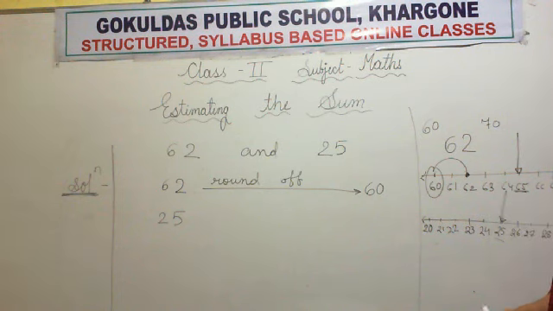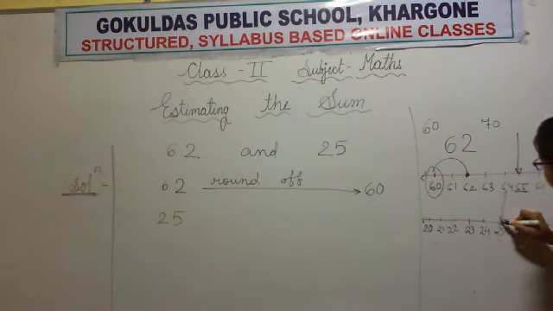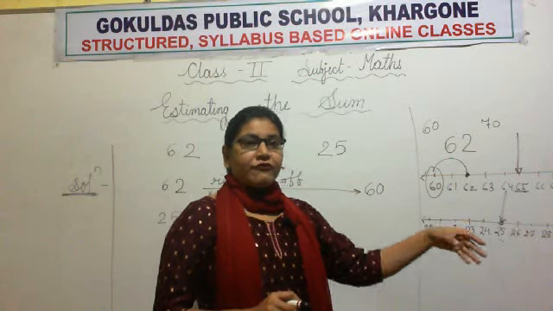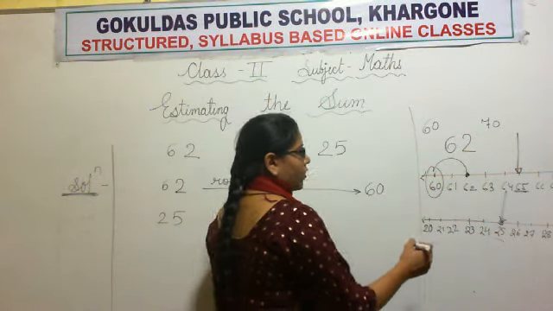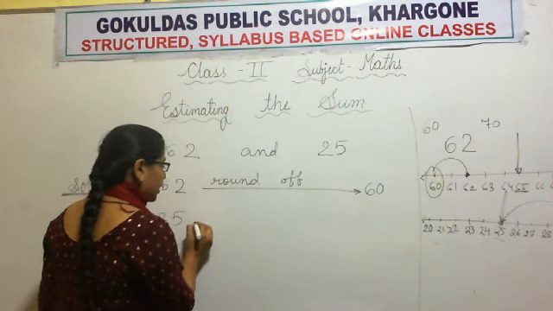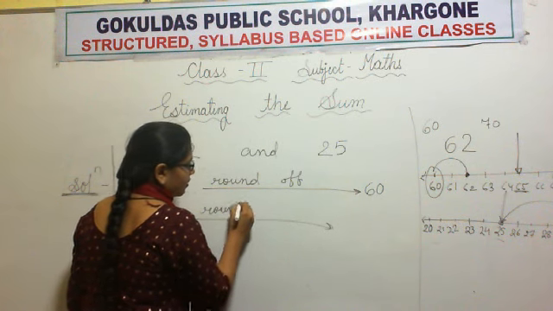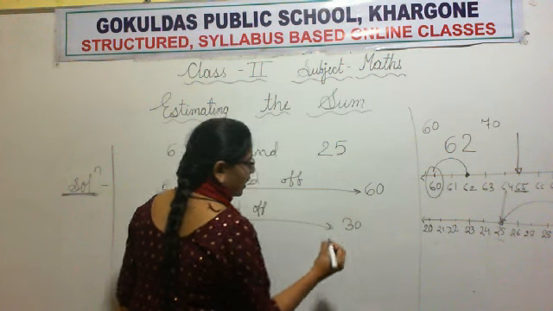Now which number do we have to round off? 25. Whenever the number is on the halfway mark itself, we round up. So we round it up to 30. So after rounding off 25, we will get 30.